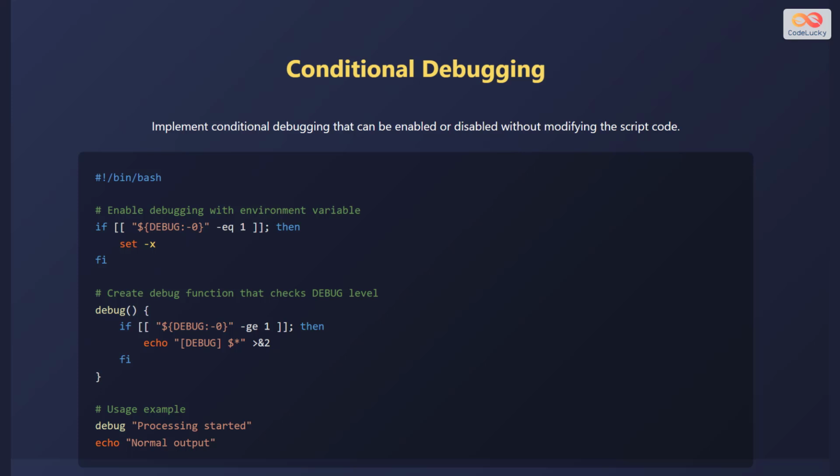If the DEBUG environment variable is greater than or equal to 1, the message is printed to standard error. Finally, the example demonstrates how to use the debug function and normal echo command. This allows specific debugging outputs to be toggled on or off based on the DEBUG environment variable, maintaining clean code and controlled debugging output.